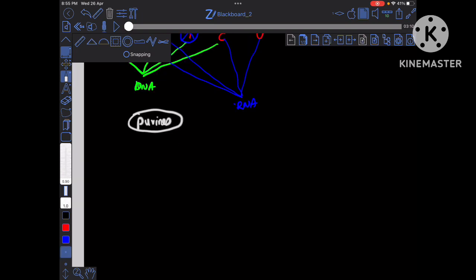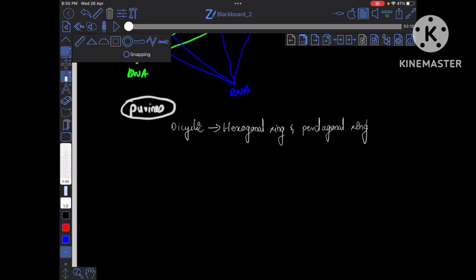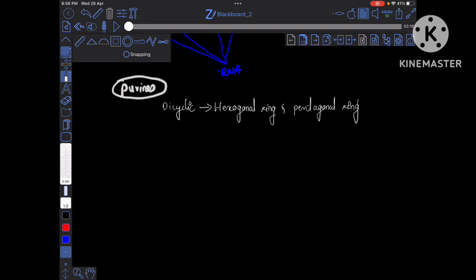The general structure of purine is basically dicyclic. It contains a hexagonal ring and a pentagonal ring in it. While drawing the basic structure of purines, you should know some facts.